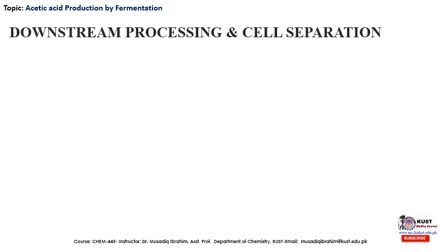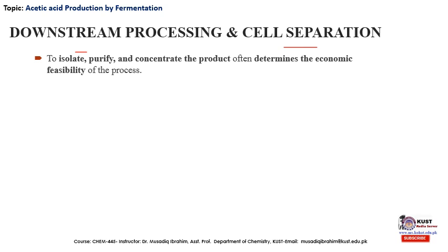Now moving towards the downstream processing and cell separation, which we have discussed in the earlier lectures in detail. So isolating, purifying and concentrating the product often determines the economic feasibility of the process.